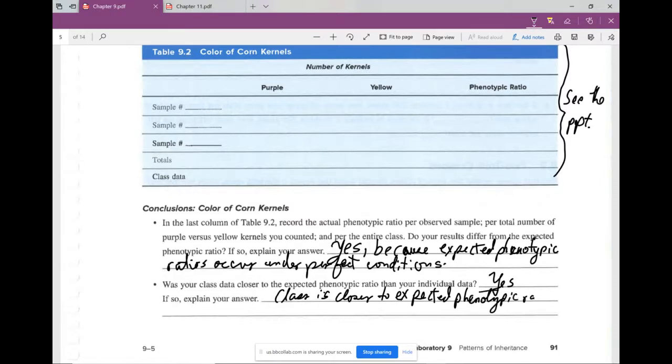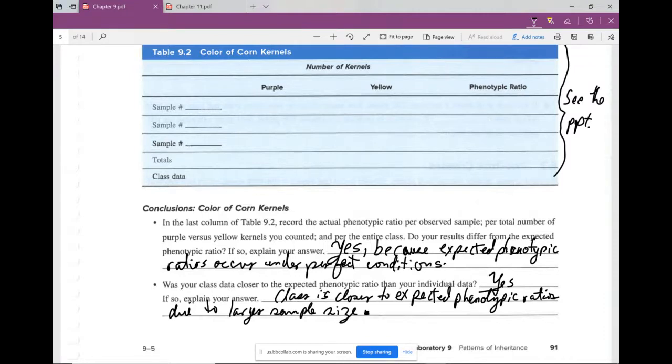It's closer to expected phenotypic ratios for the same reason that we said before, due to larger sample sizes. Right? You increase your sample size and you reduce the random effects of chance. Just like if you're throwing pennies, right?